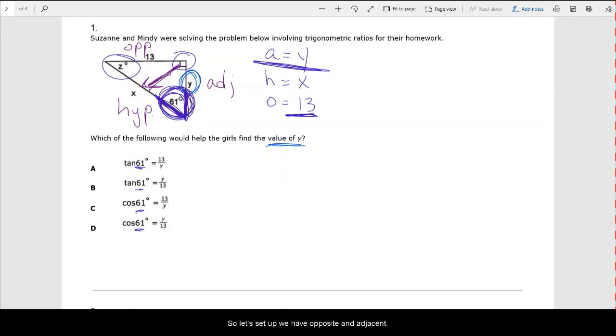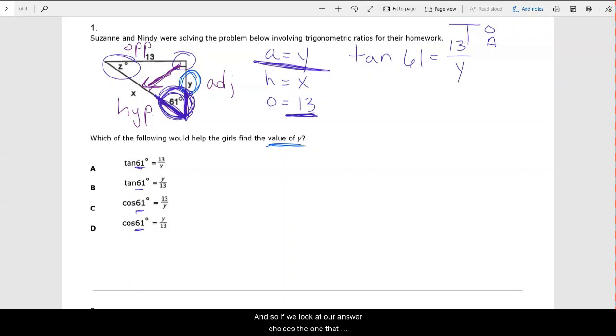So we have opposite and adjacent, which means we are going to use tangent, because tangent is equal to opposite over adjacent. So tangent of a 61-degree angle is equal to opposite, which is 13, over adjacent, which is y. And if we look at our answer choices, the one that matches is A.